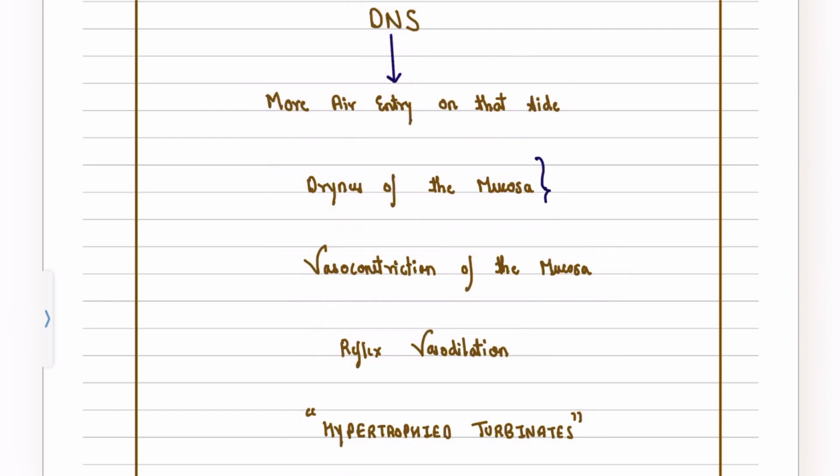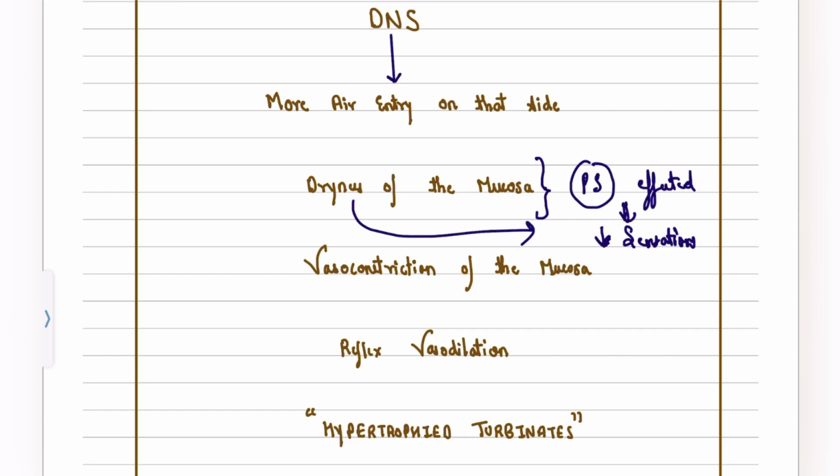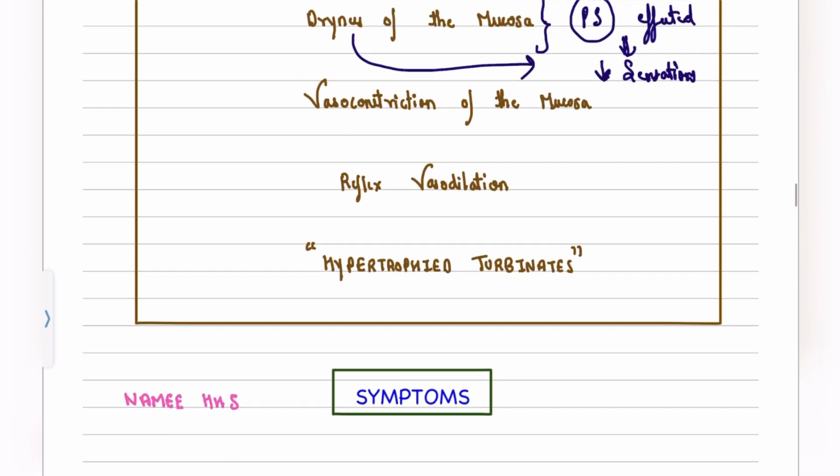Due to dryness of mucosa, the parasympathetic system is affected, because of which there is reduction in sensation of the nose. And because of this, there is anosmia and hyposmia, as I've already discussed. So due to dryness, the parasympathetic nervous system is affected in the nose.